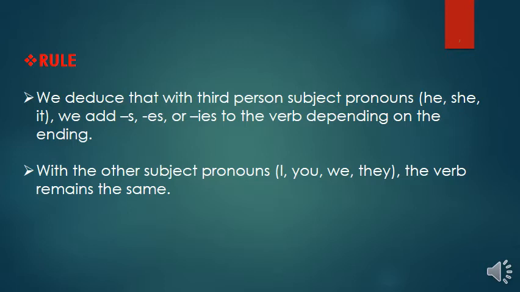Okay, so we are adding s, es, or ies to the verb depending on the ending. It means if it ends with o, with x, with double s, if it ends with e, it's based on the spelling rules that we have explained. With other subject pronouns, it means I, you, we, they, the verb remains the same.